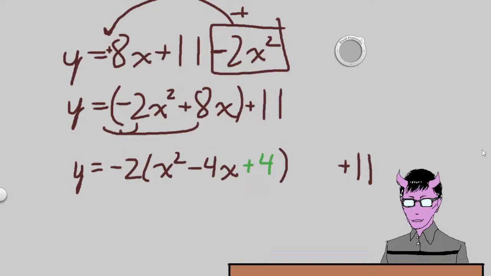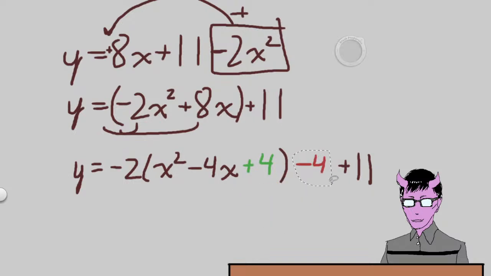But remember, it's not just -4, because this one only negates this one. This is actually twice that many. So what is -2 times +4? In actuality, we've altered this function by subtracting 8. So to negate the subtraction of 8, it's not minus anymore, it's plus.